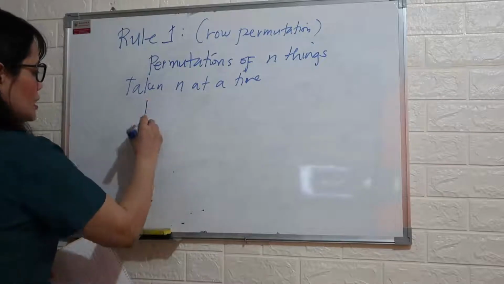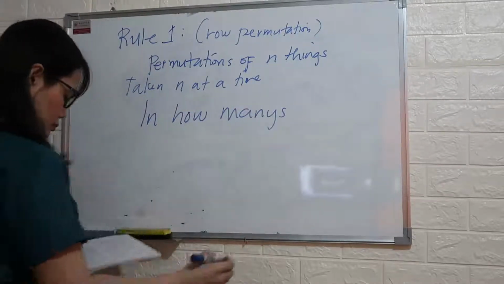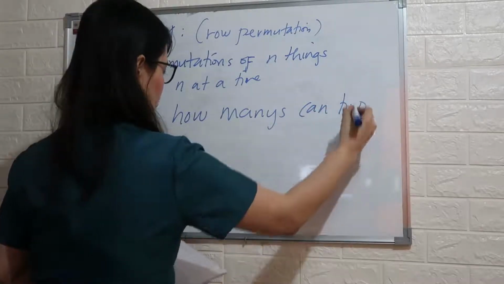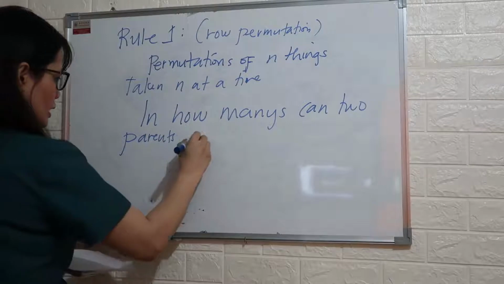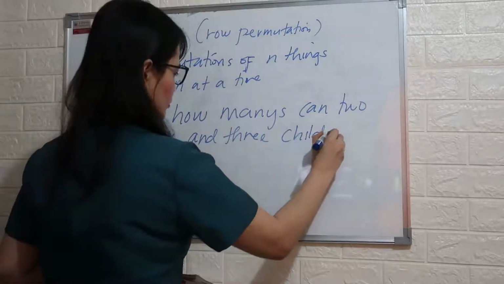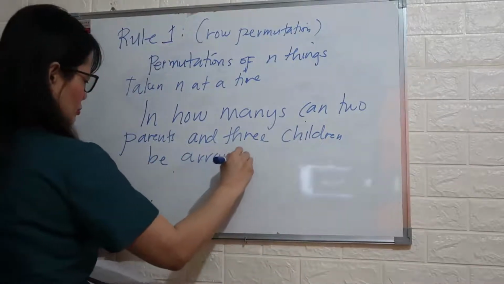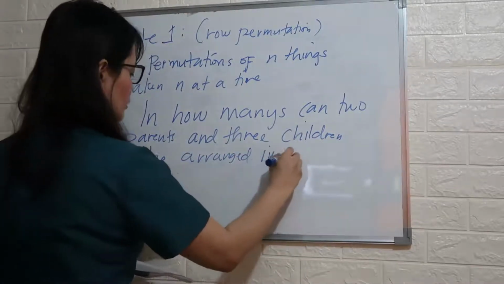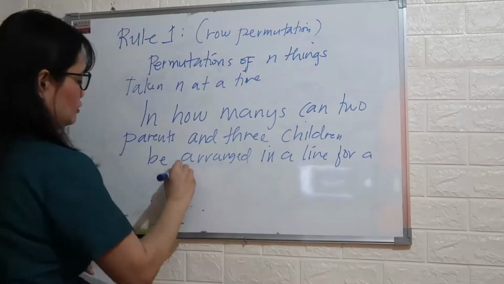So for example, in how many ways can 2 parents and 3 children be arranged in a line for a family picture?